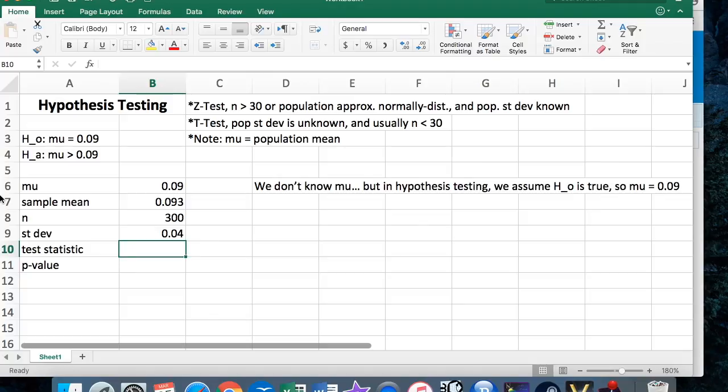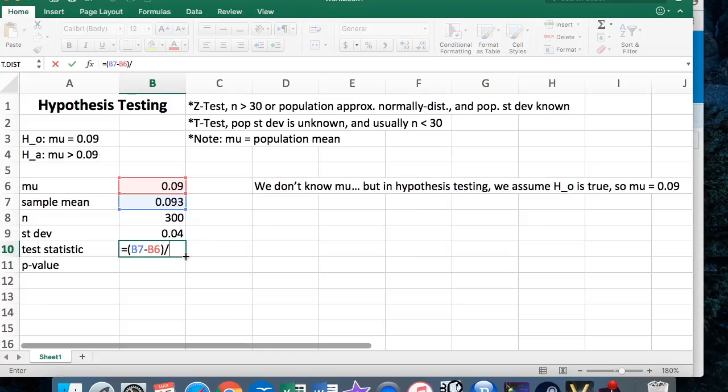Now remember, some of the formulas for the test statistic can get pretty large, but it's pretty easy to remember. It's just a special z-score, right? So since we're doing a z-test, it's a z-score. So all you have to do, take your sample mean, subtract off your population mean, put that in its own set of parentheses because you want the subtraction to occur before this division right here.